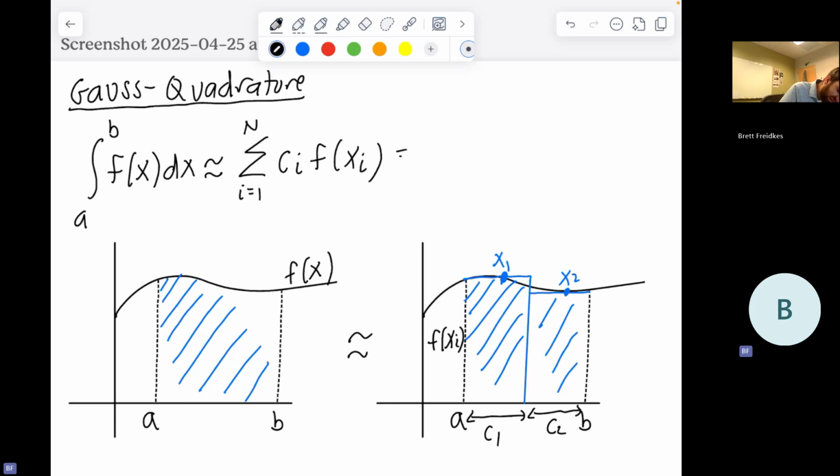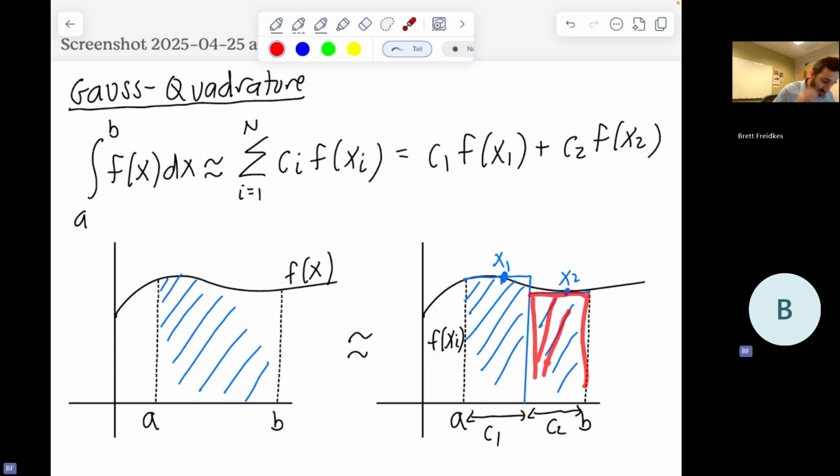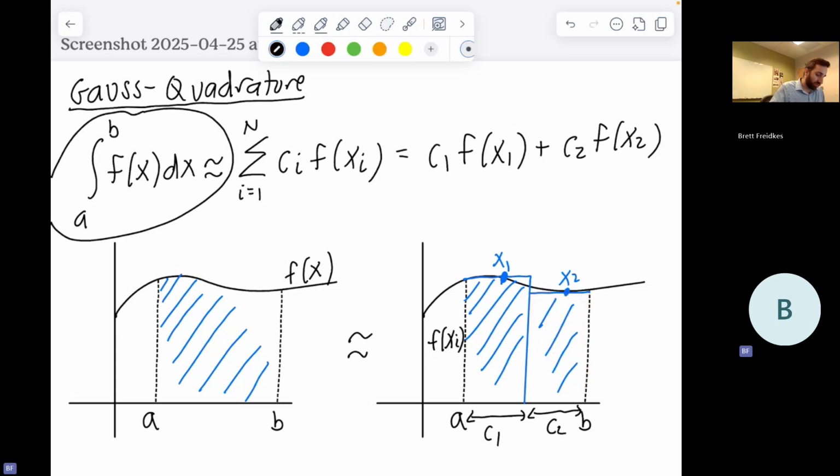So if n is 2, we would say that this is c1 f of x1. That is the same as the area of this rectangle plus c2 f of x2. That is the same as this rectangle's area. And that's an approximation of our original integral.